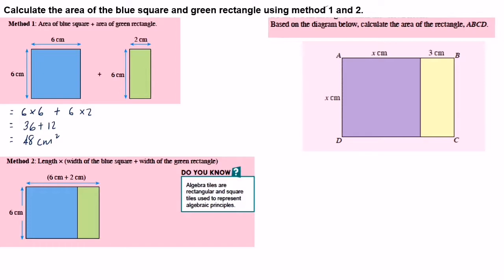Now, we try to use method 2 to count the area of square and rectangle, which is we join the square with the rectangle. So this side is still the same, 6 centimeter. This side, 6 centimeter plus 2 centimeter.